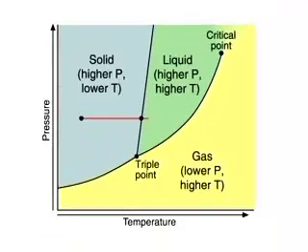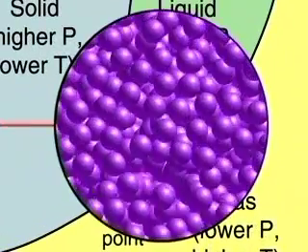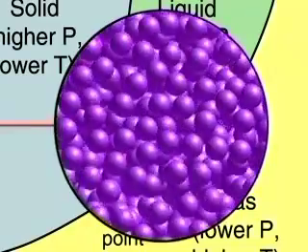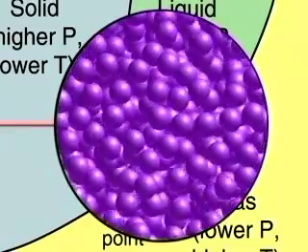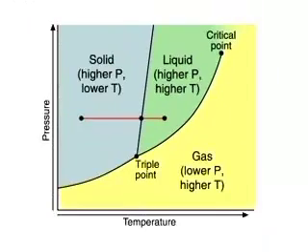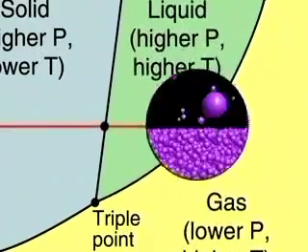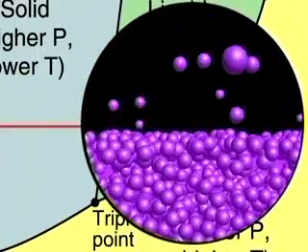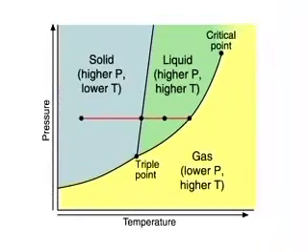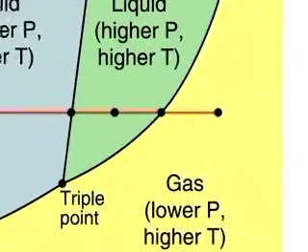Increase the temperature above the melting point and pure liquid exists. Then, the liquid and gas are in equilibrium, and further heating vaporizes the sample to the gas.